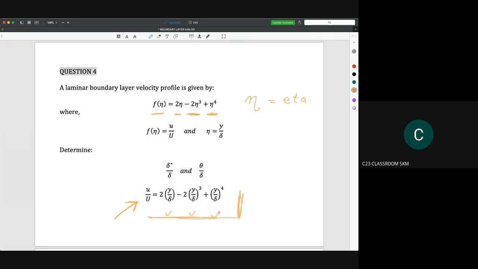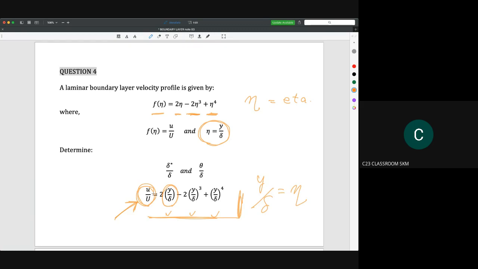But some researchers don't want to use the term y over delta, because it makes our differential and integral work a little bit difficult. So they replace the term y over delta with eta. If you change y over delta into eta, you need to change the term u over U as well.